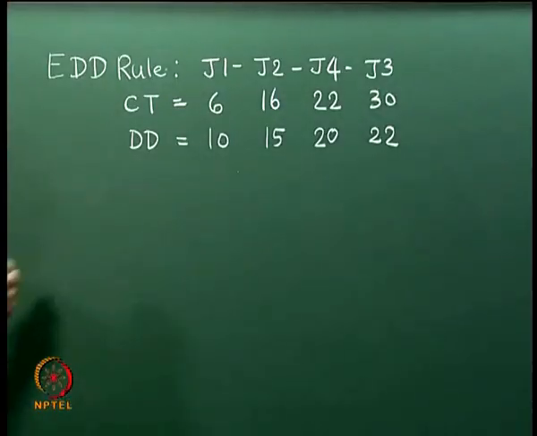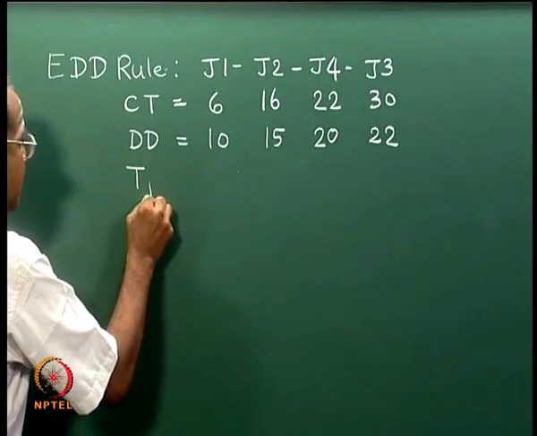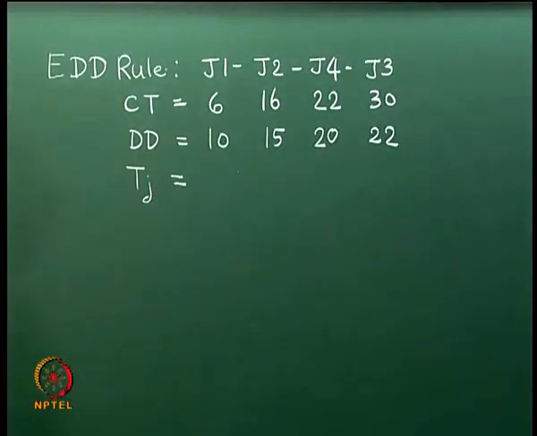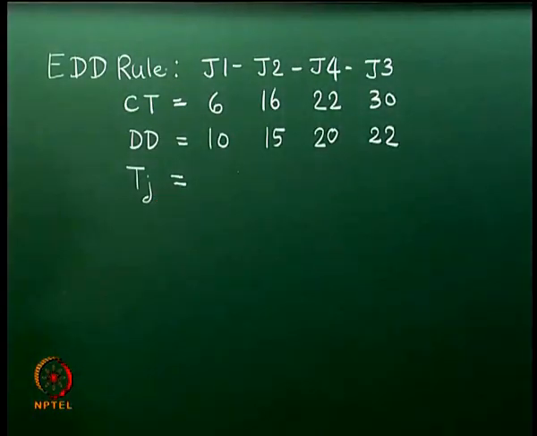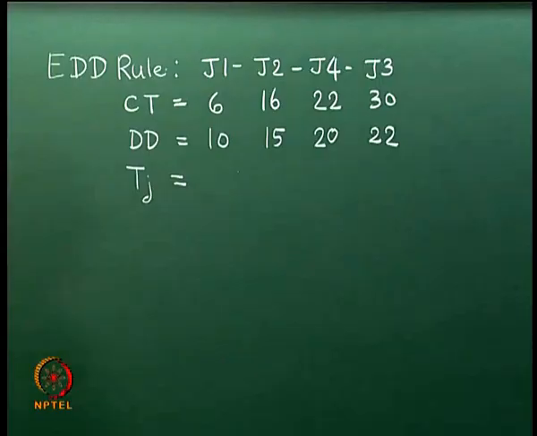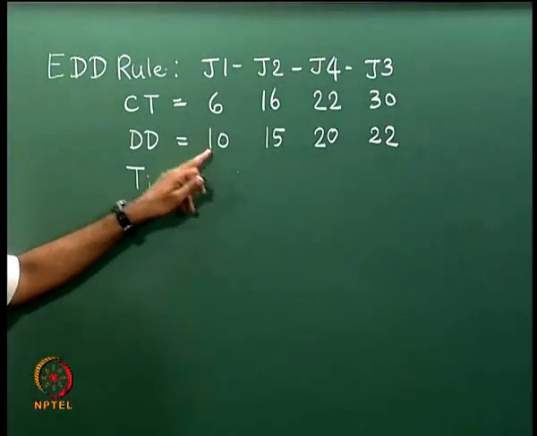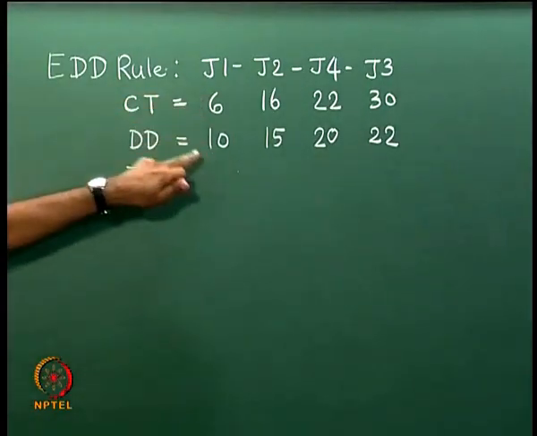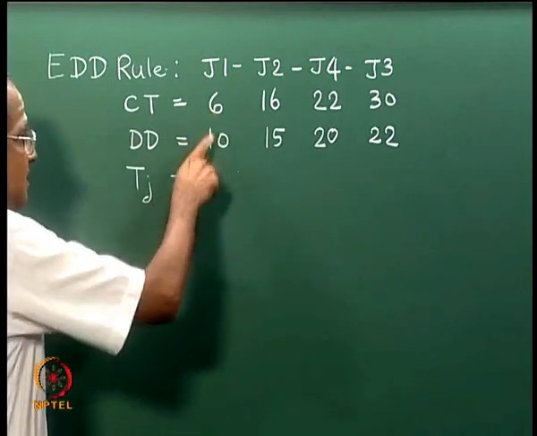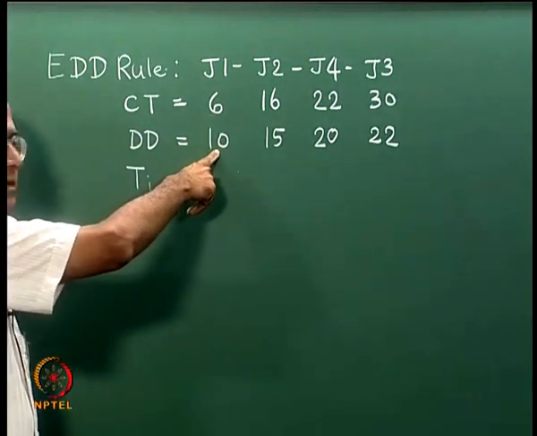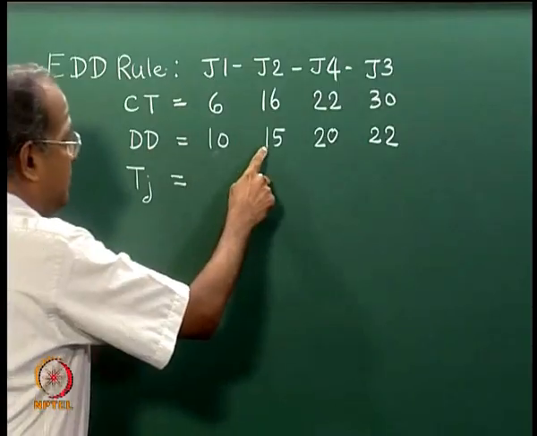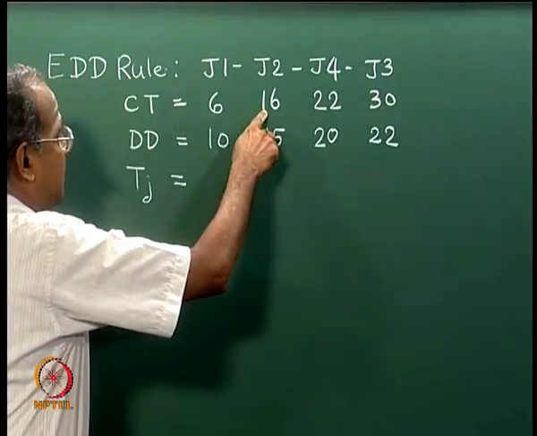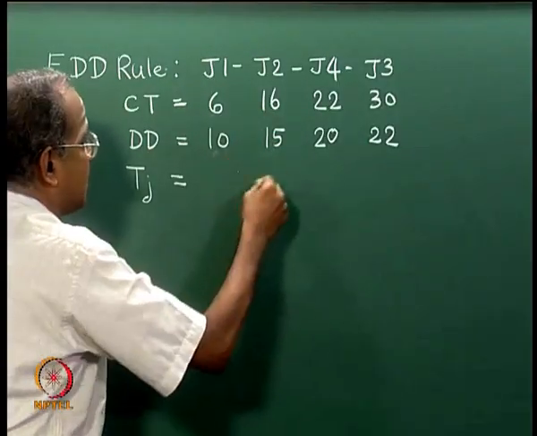Now let us find out the tardiness associated with job j. Here the completion time is 6, the due date is 10, therefore it is early. Due date is 15, completion time is 16, so tardiness is 1.